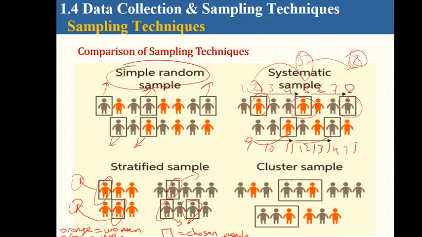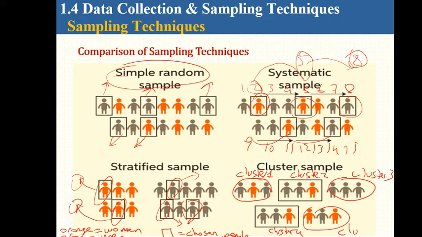But in cluster sampling, look at here, this is cluster 1, this is cluster 2, cluster 3, cluster 4, and cluster 5. As you see, we don't pay attention to whether the clusters have men and women, because each cluster will have women and men. It's not very important.